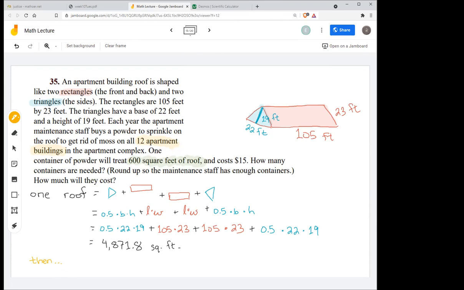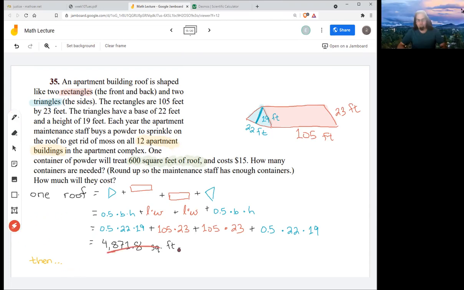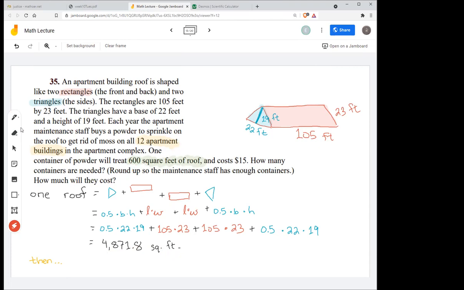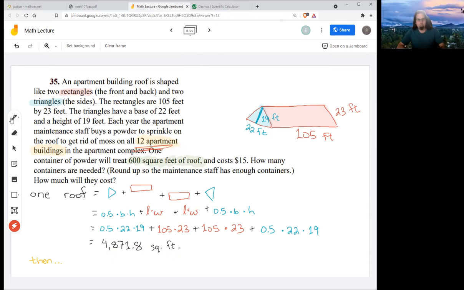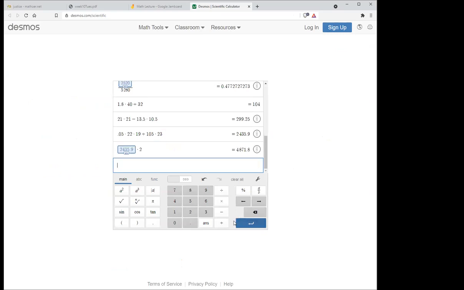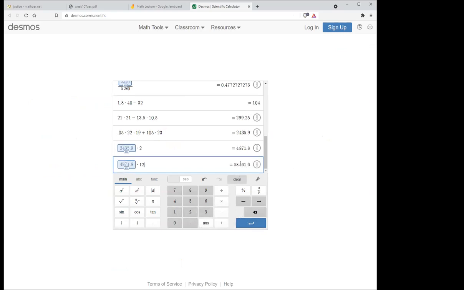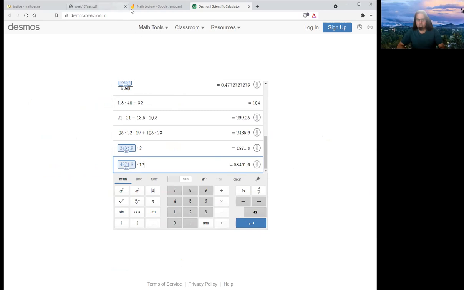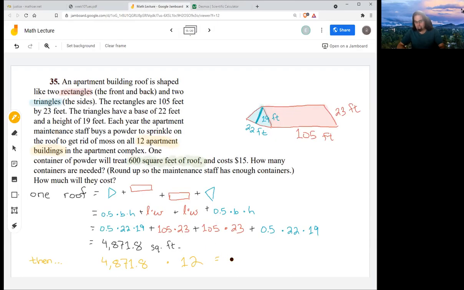A hint. So one roof had this much area. We added all the shapes up. So we then need to multiply. Yeah, we have 12 different apartment buildings. So we have to do this times 12. So 58,461.6. So that's how many square feet I really need to put stuff on.